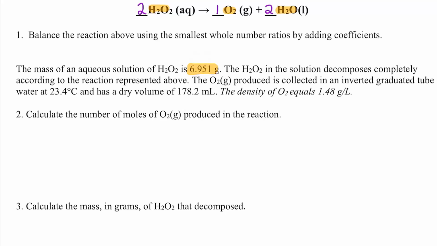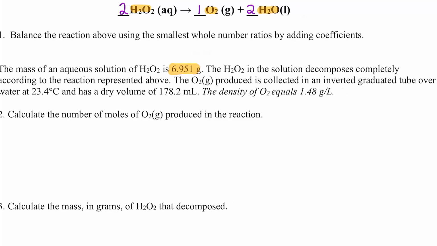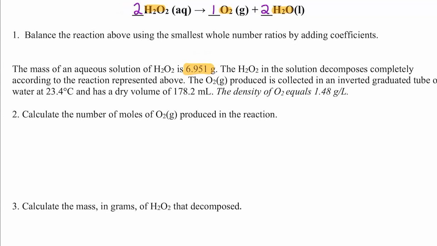The O2 produced is collected in an inverted graduated tube over water at 23.4 degrees Celsius and has a dry volume of 178.2 milliliters. And the density of the O2 gas is 1.48 grams per liter.